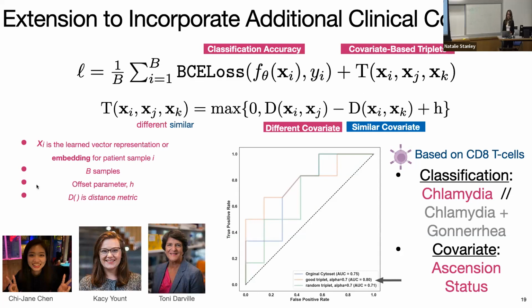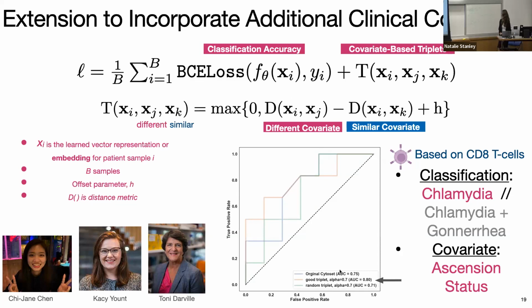So what we do there is just tack on a penalty term so that if the patients were more similar in patients that were different in terms of the covariates, then this loss function would not be as good. It would basically add a penalty. So we don't want that. And then, here we're predicting ascension status in these women.